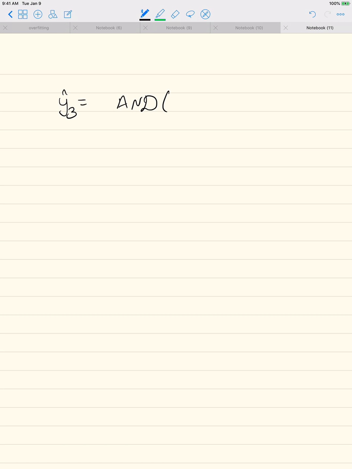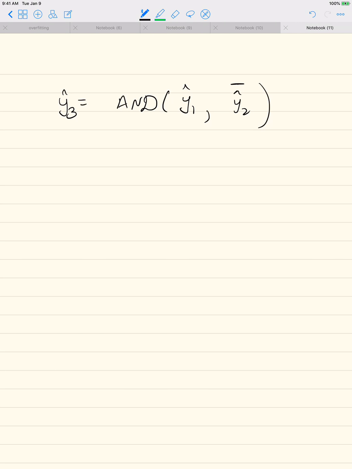You can easily convince yourself that one way to do it is to set Y3 hat to be the AND of Y1 hat and NOT Y2 hat. The idea here is that the NOT of Y2 hat corresponds to Y2 hat being minus 1, and the other requires Y1 hat to be plus 1. So only in that case will the label Y3 be positive.